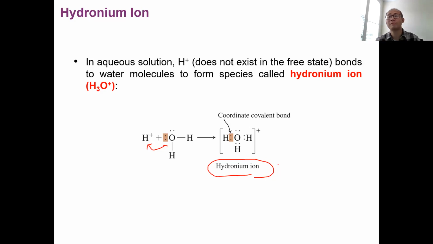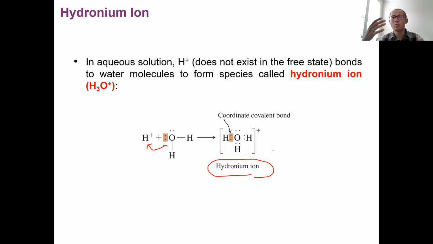We talked about that in chapter 5. You can pause it and go to the chapter 5 notes to take a look. Anyway, what happened here is again, water accepts the proton to become hydronium ion. And that's basically how proton exists in water in reality.